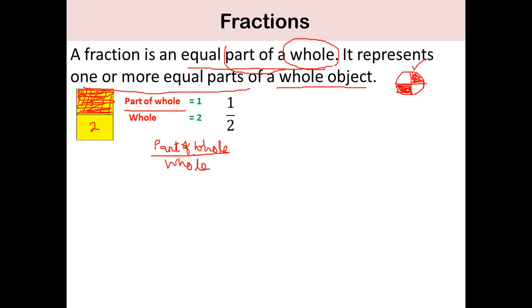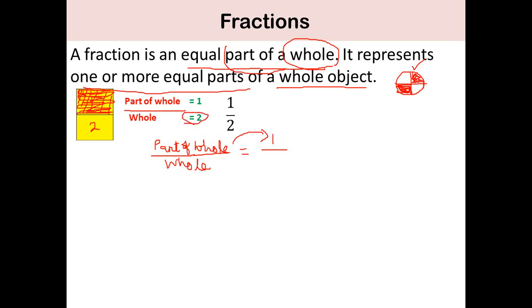Now you see, part of whole equals 1. So I will write 1 as the part of whole. Then I will put a line. What that line says, I will explain in your next class. But now you understand how to write fractions. Part of whole is 1, so I have written 1. And whole, what about whole? 2, right?